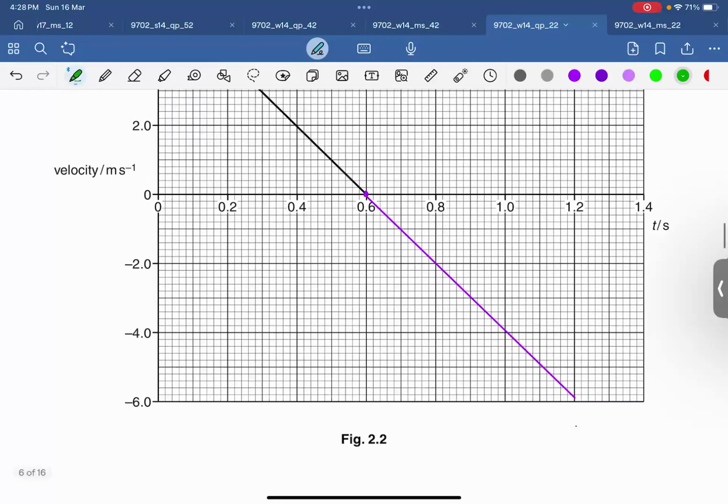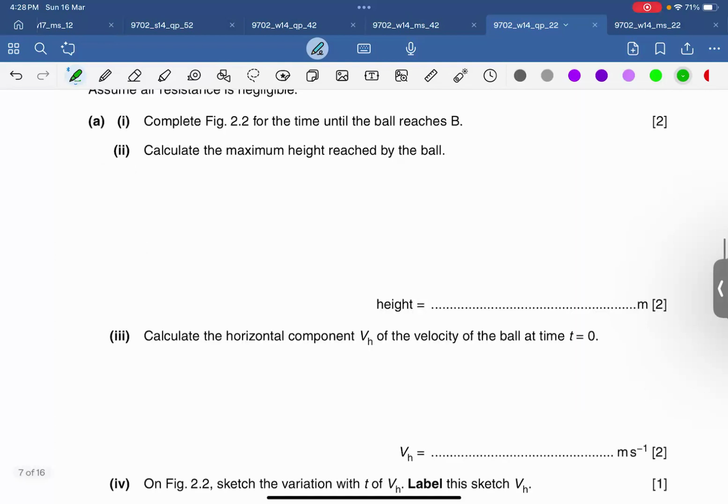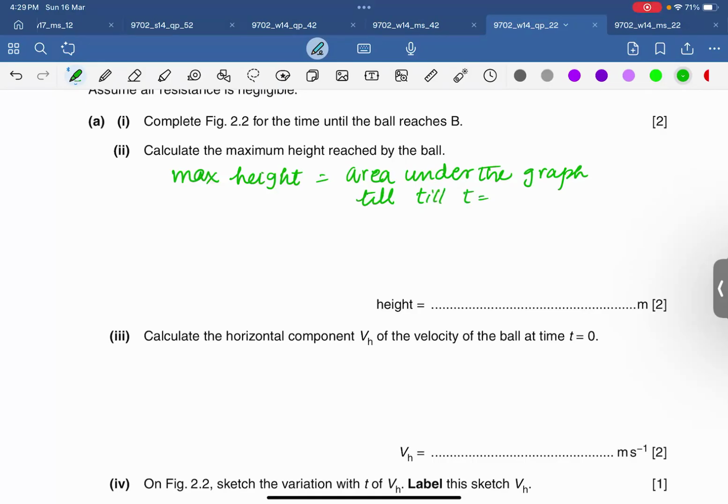Max height equals area under the graph till t equals 0.6 seconds. Right. Now one over two into height, which you have as 5.9, into base, which you have as 0.6. Calculate it.